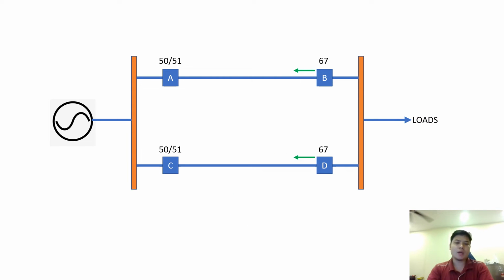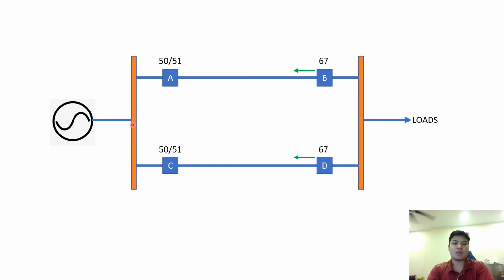This is where directional overcurrent comes into play, whereby the green arrow indicated here is the direction of current flow in which it operates. For example, if the fault is at the bottom transmission line, the current from the top part will also flow down to the fault point.